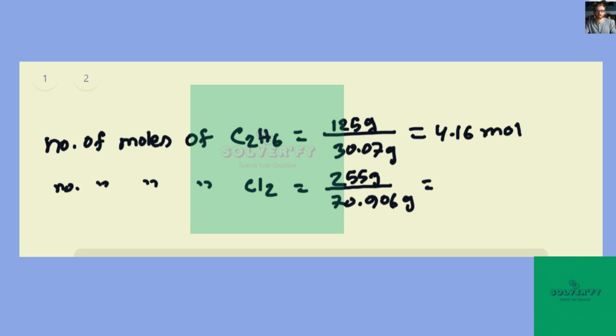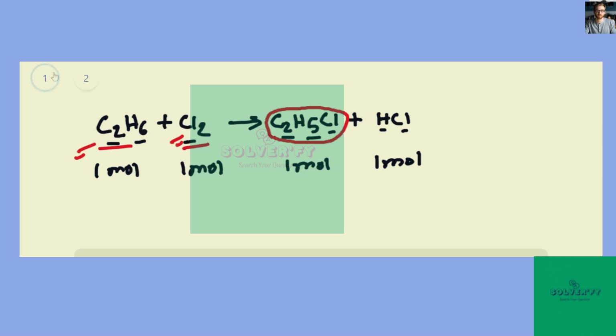This will give us a value of 3.60 mole. So this is the number of mole of chlorine reacting. So if we put these values here, that means 4.16 mole C2H6 is reacting with 3.60 mole chlorine.